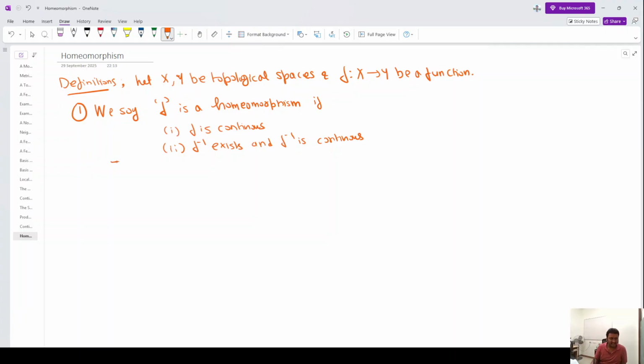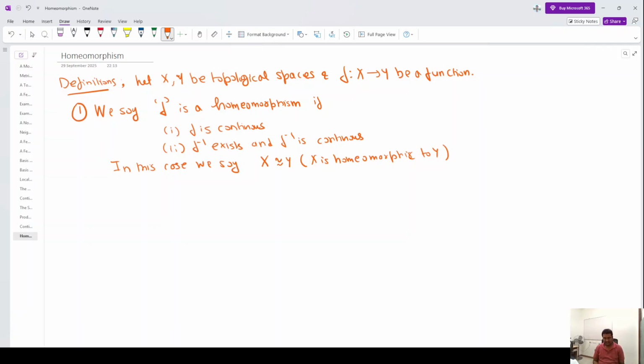And in this case, we say X is homeomorphic to Y. So this is the symbol. X is homeomorphic to Y, or f is a homeomorphism between X and Y. I hope this is clear.